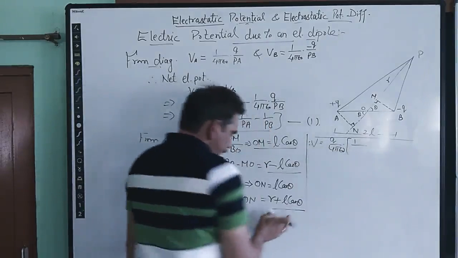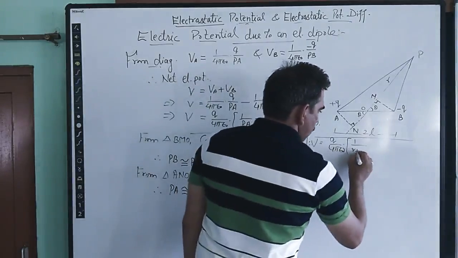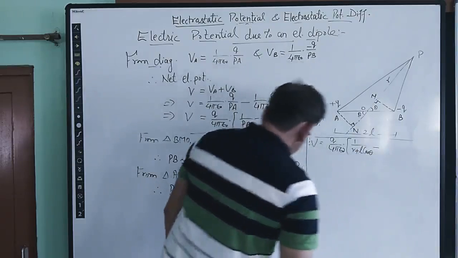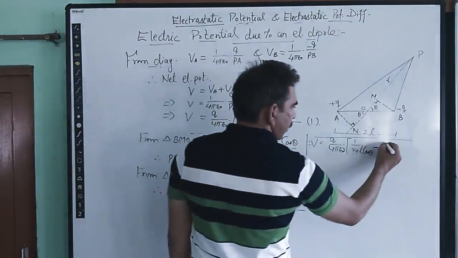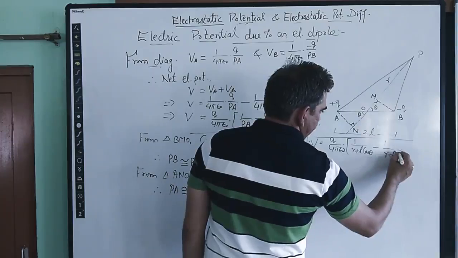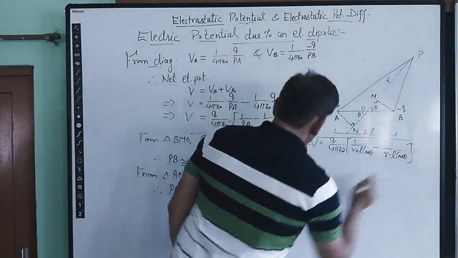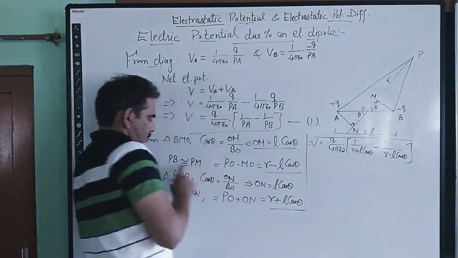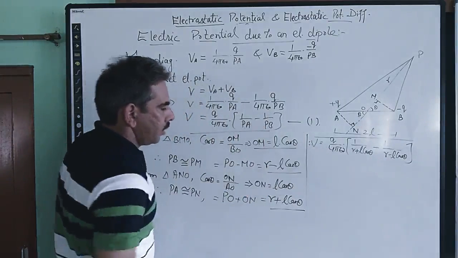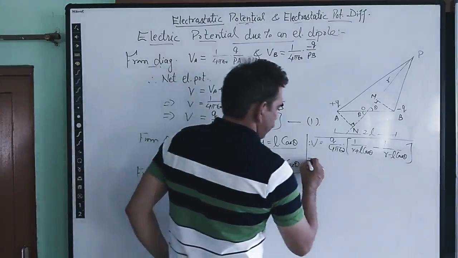So 1 upon PA is R plus L cos theta, minus 1 upon PB, where PB is equal to R minus L cos theta. We substitute it here. Let us make some calculation and we get the result.